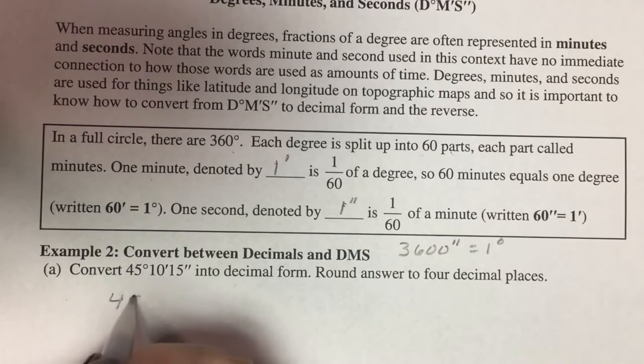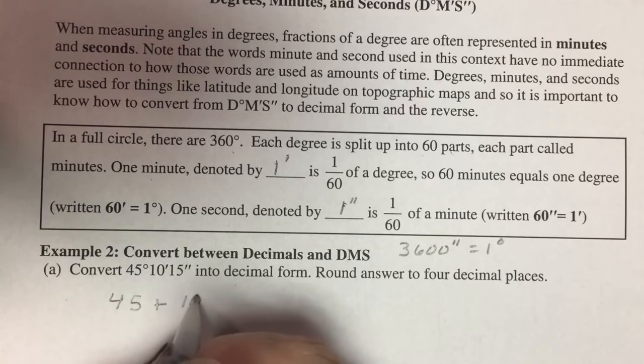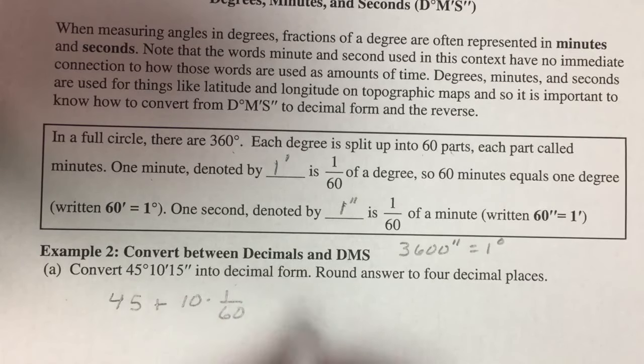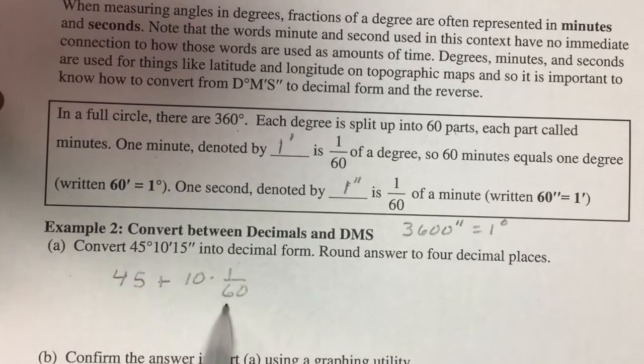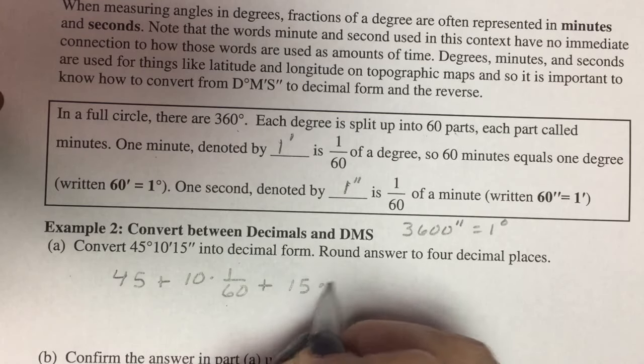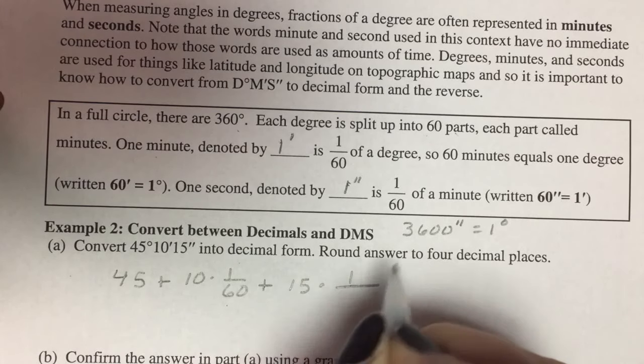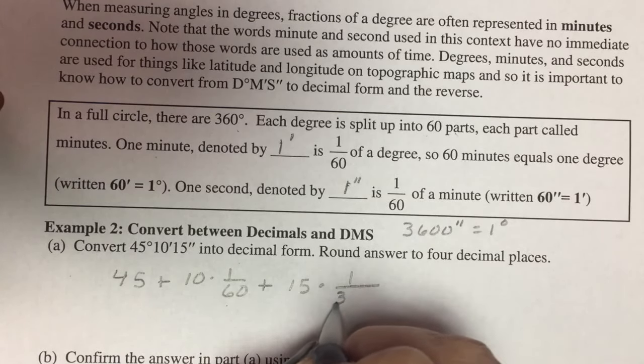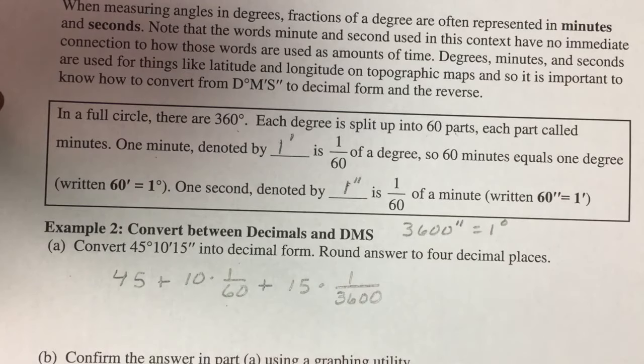It's 45 degrees, so that's easy, plus 10 times 1/60 because it's 10 minutes, and then plus 15 times 1/, and it would be 60 times 60, or 3,600.